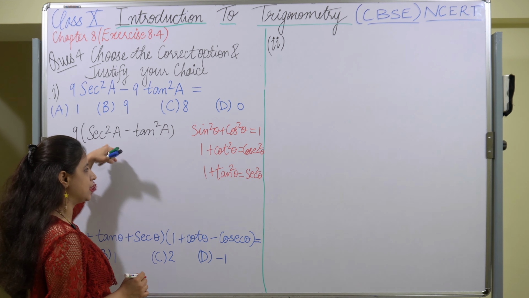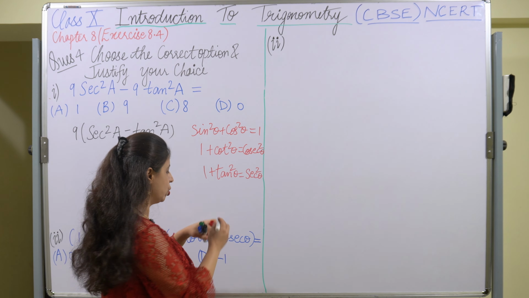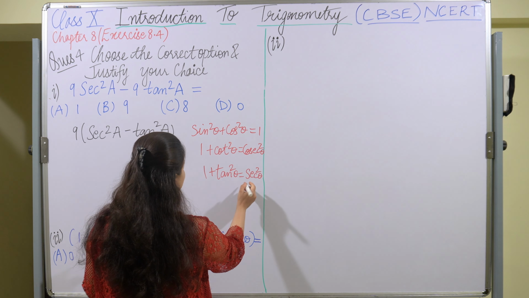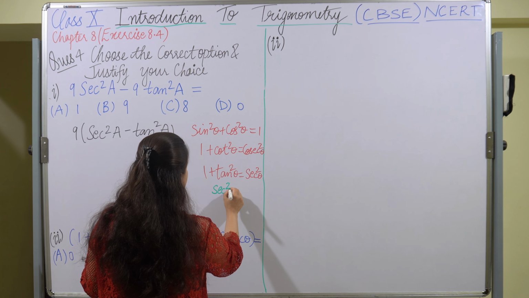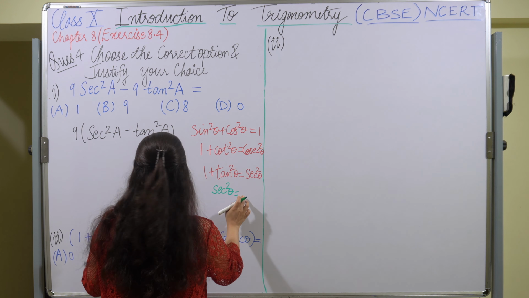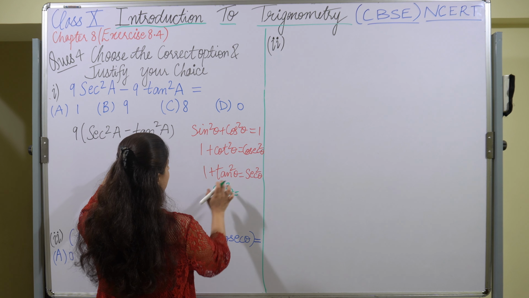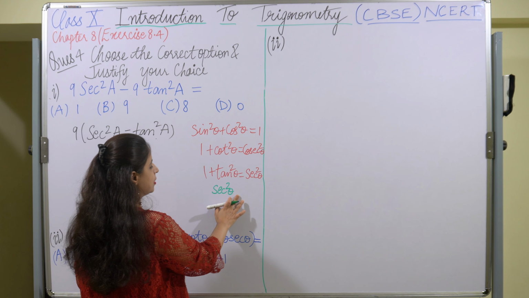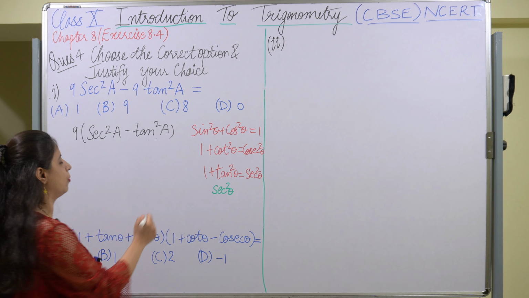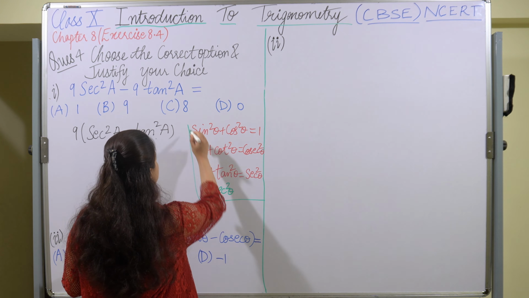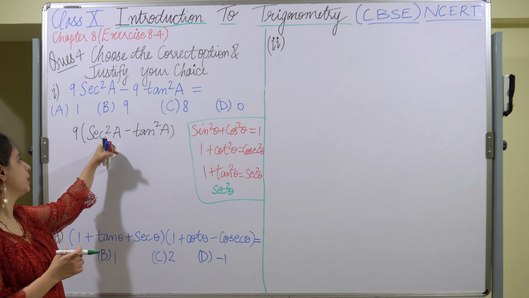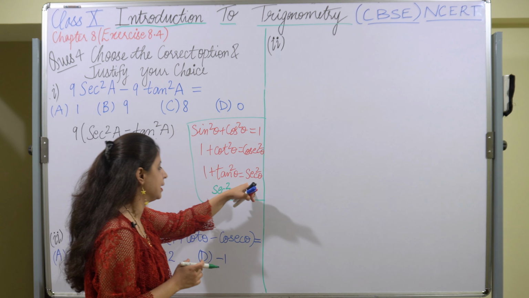So sec square theta, from the third identity, we can clearly see that sec square theta is equal to 1 plus tan square theta. So here we will be putting the value of this identity.